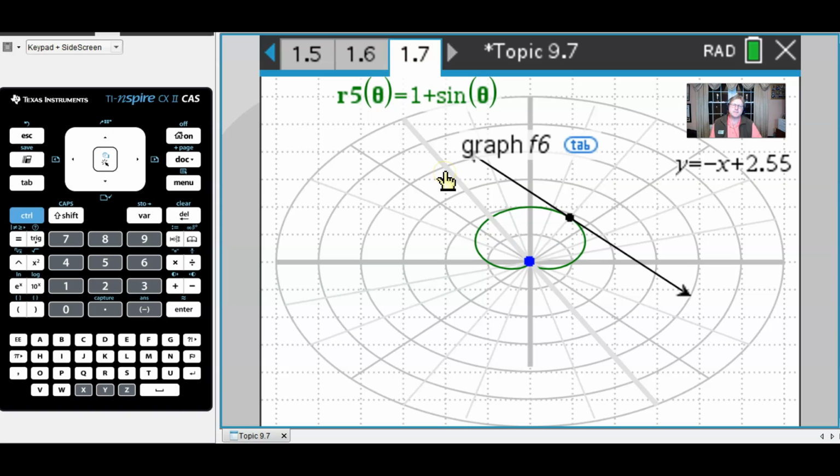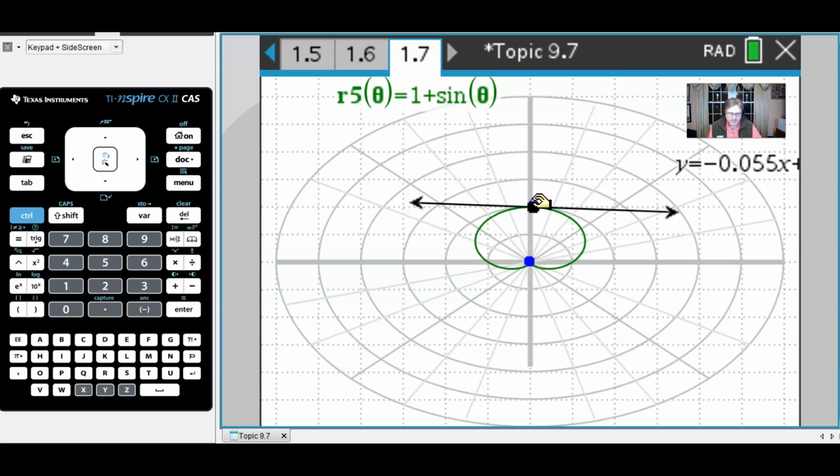Now, I said that there are 3 places where there's a horizontal tangent. Where are those places? Well, one of them is way up here at the top, and I believe that that's going to occur when we have a pi over 2 measure. Is that what we had in our findings earlier? And then we're going to have a couple of more places where there's a horizontal tangent line. One's right here, and then there's going to be another one right about there.